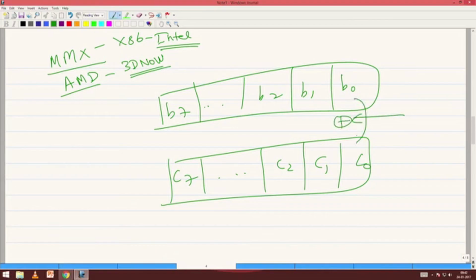B0 and C0 will operate together, B1 and C1 will operate, then B2, C2 and B7, C7 all together. So in one shot I can finish processing 8 bytes, assuming each pixel was a byte. So I can do whatever I could do sequentially, 8 times faster.